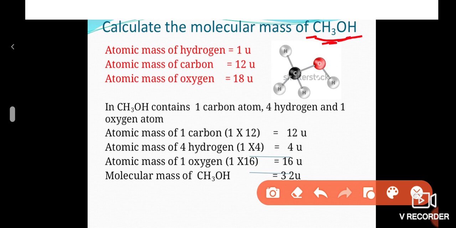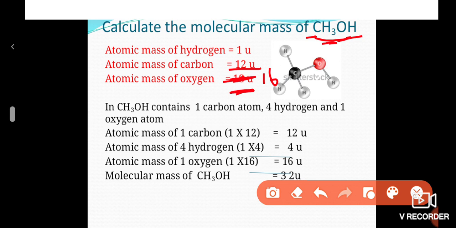So 3 types of atoms. We should know the mass of these atoms. The mass of hydrogen is 1U. The mass of carbon is 12U. And the mass of oxygen is 16. So please change it, students. This is not 18. The mass of oxygen is 16.